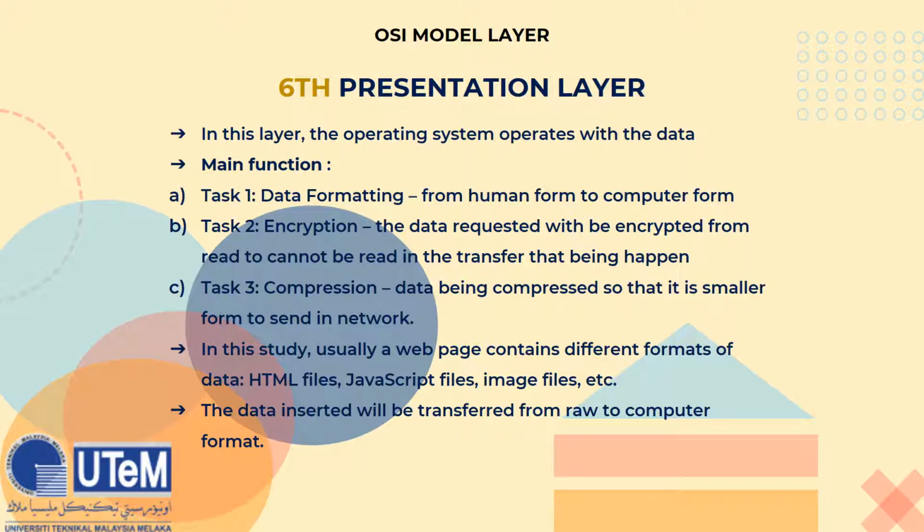Data is compressed into a smaller form to send over the network. Usually a web page contains different formats of data such as HTML files, JavaScript files, image files, and so on. So in this presentation layer, the data inserted will be transferred from raw to computer format.